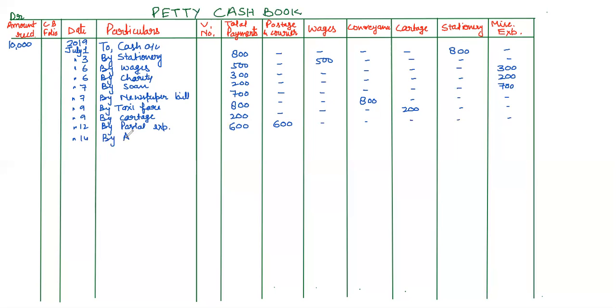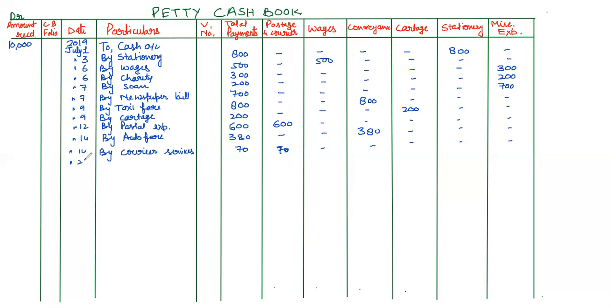By auto fare, rupees 380, and this is also conveyance. 380 will come in the conveyance column also, and paid for courier services the same day. By courier services, rupees 70 in the total payment column. We have a separate column for postage and courier, so we will write in this also.